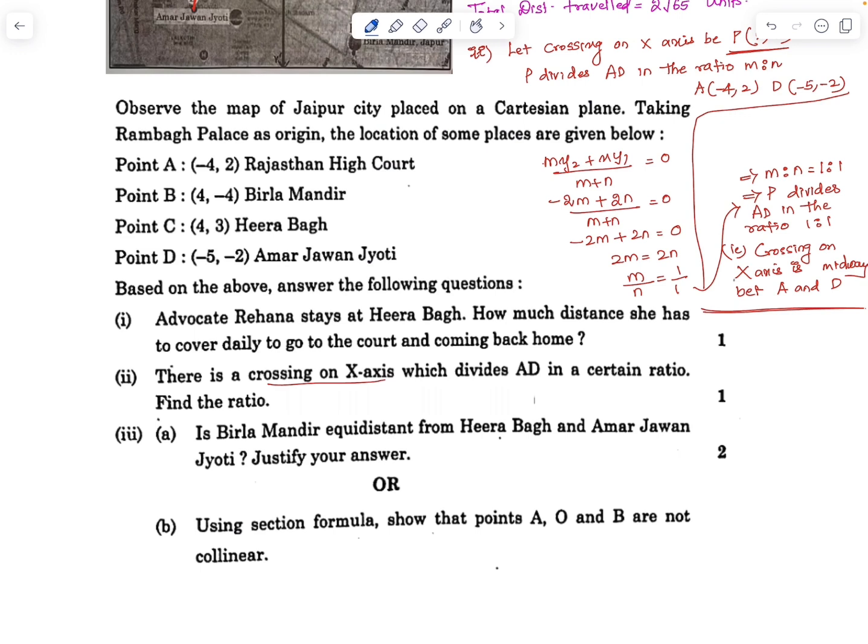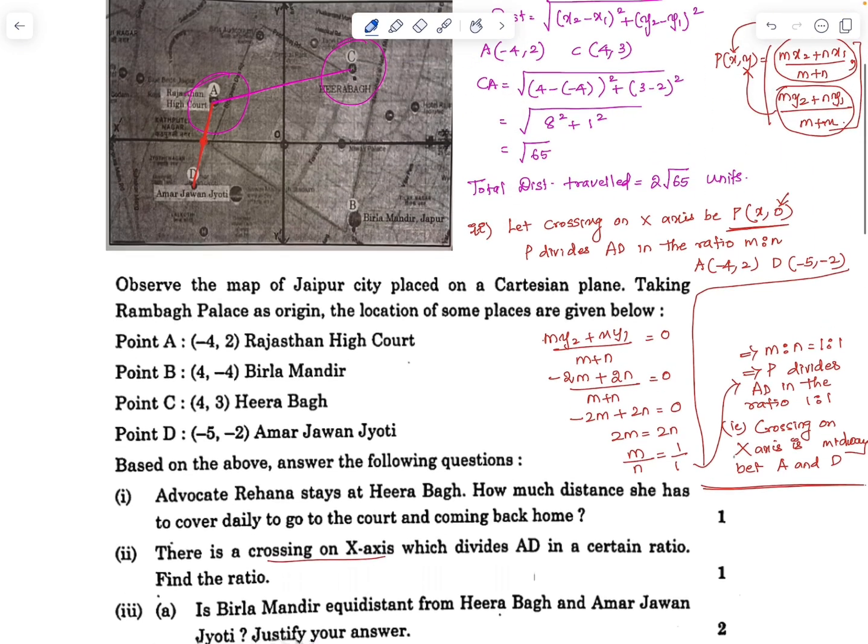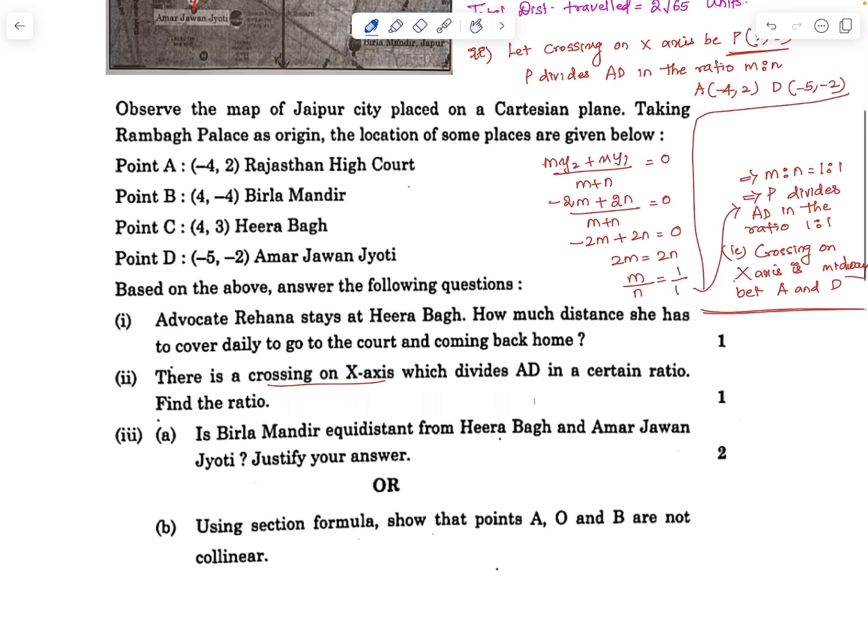Question 3 part A. Is Birla Mandir equidistant from Hirabag and Amar Jawan Jyoti? Birla Mandir is represented by the point B, Hirabag is represented by the point C, and Amar Jawan Jyoti is point D. So the question is asking if this distance BC is equal to BD.